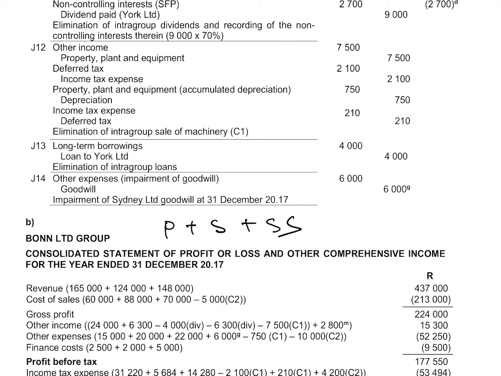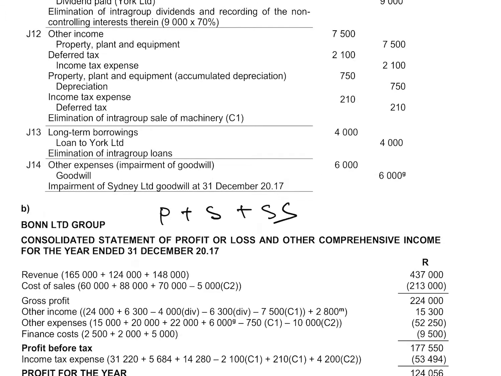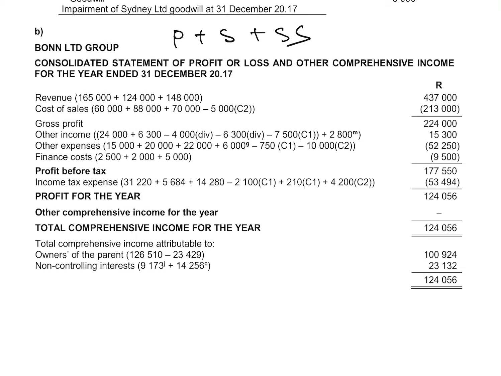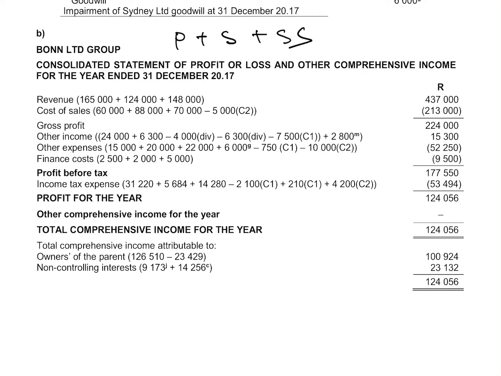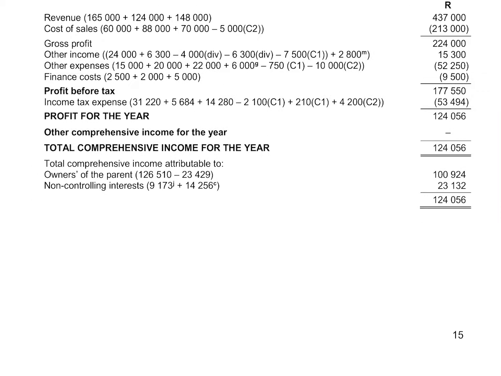In this case, we are going to be taking the figures and adding them together. Are we together? We are going to take the parent, the subsidiary, and the sub-subsidiary. We are consolidating. So basically, you write your structure of the statement of profit or loss, like how it is given there. Then you take your free marks.